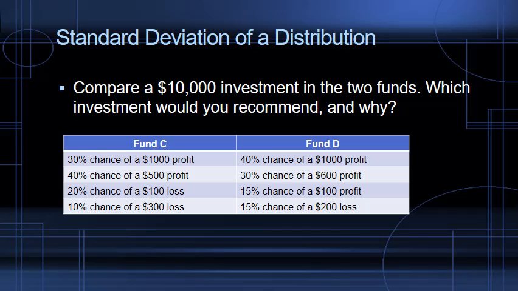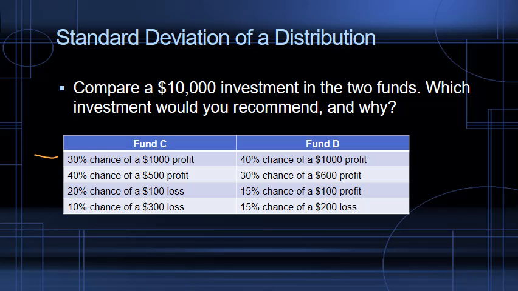So we have here on our table Fund C, where we see that we have a 30% chance of a $1,000 profit in Fund C. We have a 40% chance of a $500 profit, a 20% chance of a $100 loss, and a 10% chance of a $300 loss.